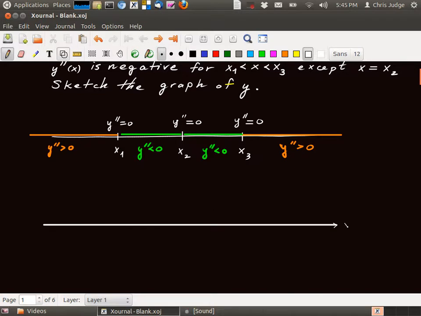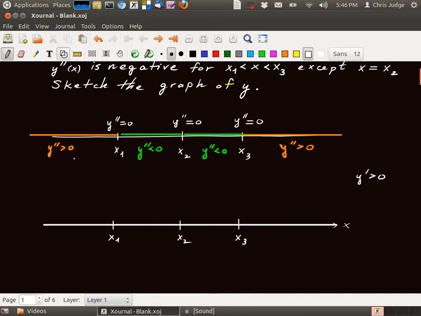So this is my x-axis, and again, I have x1 on the number line, the x number line, x2, x3. Now above and below this, I'd like to graph it. Well, the first thing I remember is what happens with the first derivative. Remember, we were told that the first derivative is positive. So that means that whatever we do, we have to always be drawing an increasing function. This function has to increase.